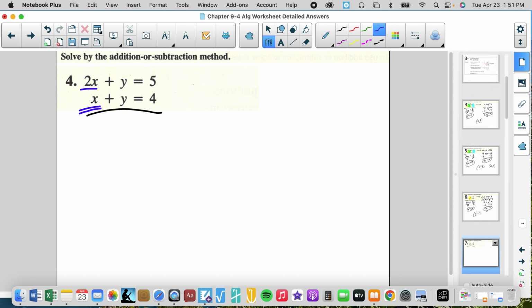What do I need it to be? I would need it to be negative 2x. That would be the thing that cancels with the positive 2x up here. So if I multiply this bottom equation by negative 2, it now becomes negative 2x minus 2y equals negative 8.